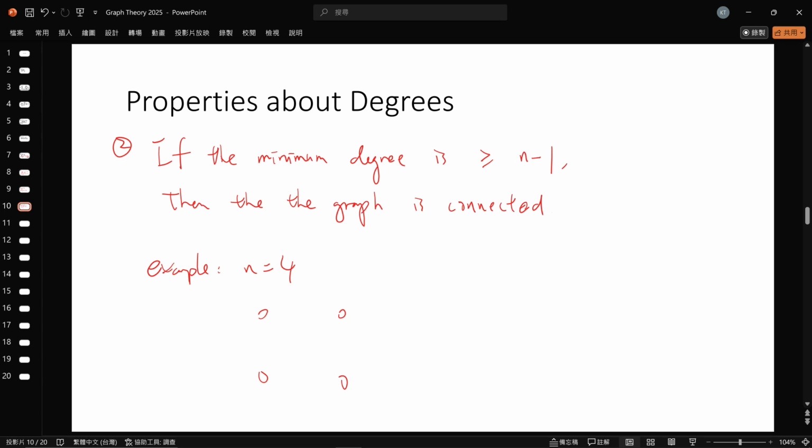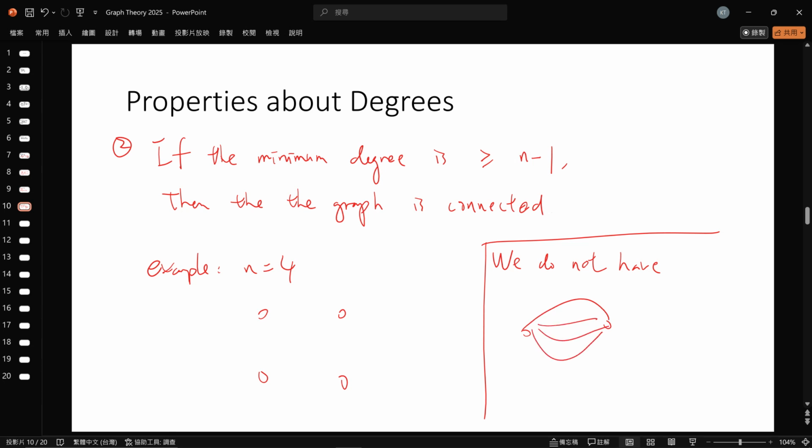So let's try. Okay, so everyone should have at least 3 neighbors. And by the way, for this course, we do not have this type of edges.